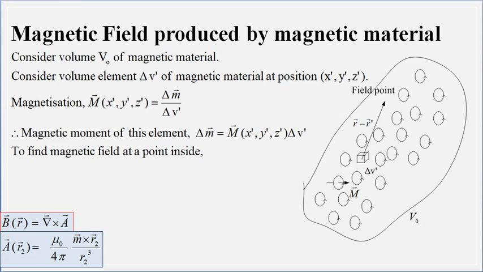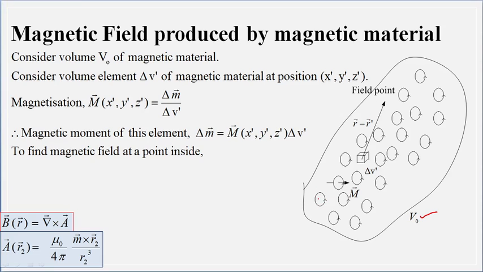Now what we do here is, we take this medium. What is drawn here is the medium. Its volume is V naught. Then it contains the atomic currents like this.